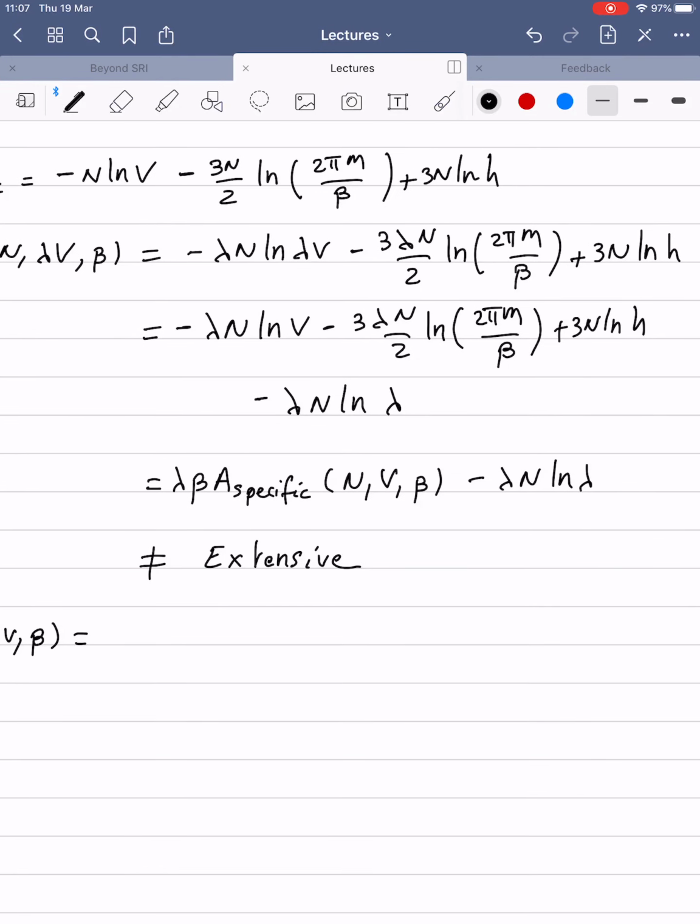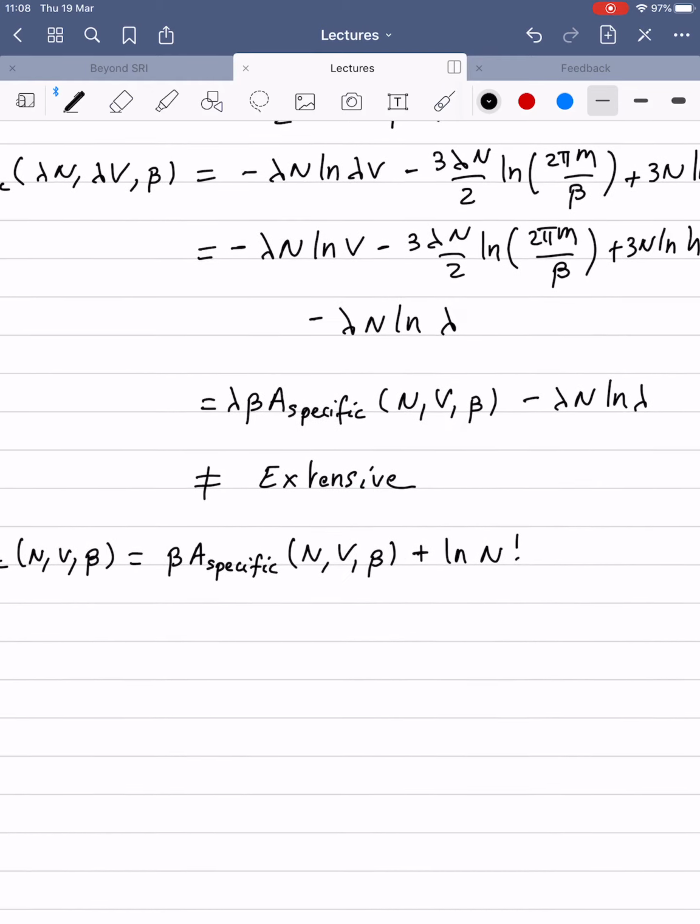So I will simply say this is beta A specific of n, v, beta. But then there is minus log of n factorial. Alright, and in fact it's not a minus, it's a plus, because it's q over n factorial. So if you take minus log of q, that's plus log of n factorial.